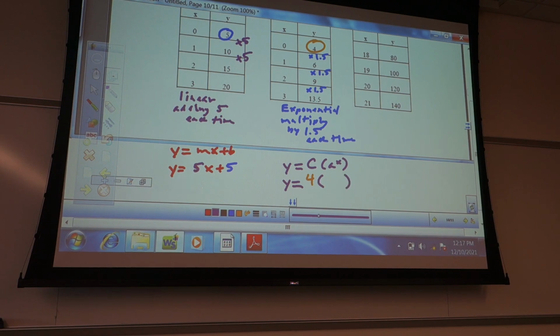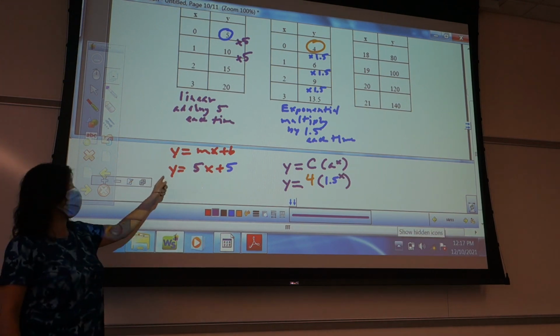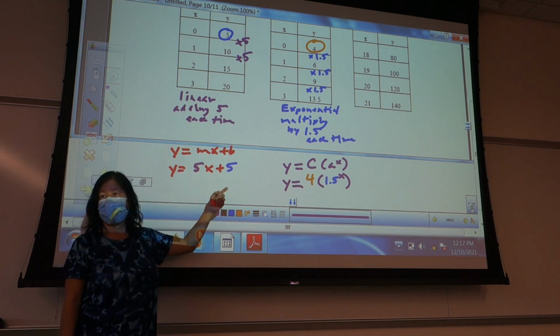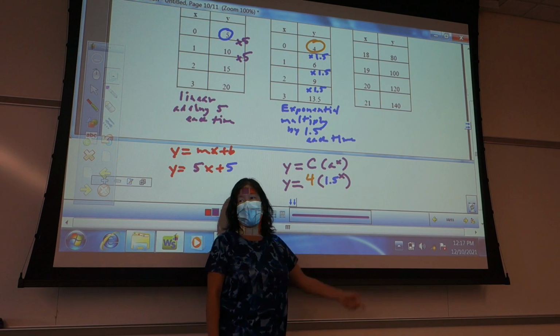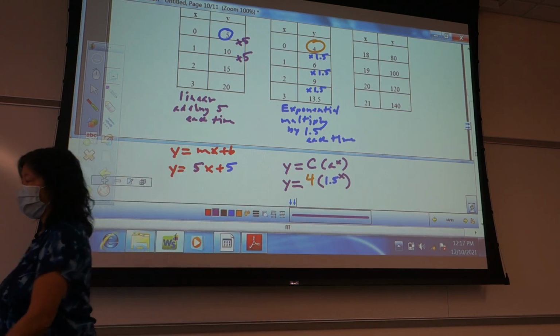What's my a? What's my growth factor? 1.5, to the x. So remember, the equations will always have a y equals something with x in it. We're never going to have a multivariable, so we're always going to have y equals something with x in it. All of our equations will be that.